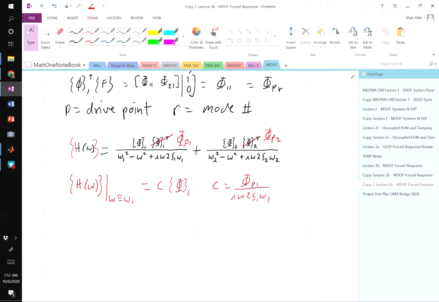All right, so the mode shape is just proportional to the measurement that we take, and the constant of proportionality is here. And notice one really important fact: we need phi p1 to be non-zero for the mode to appear.